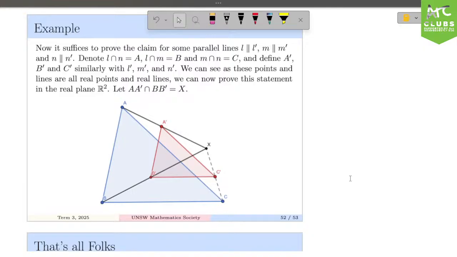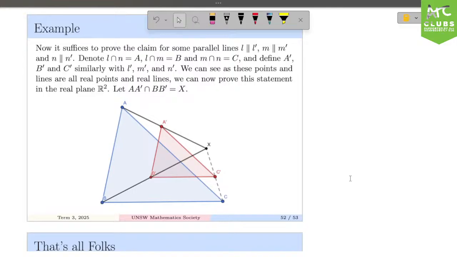Otherwise, there is some stretch map delta, let's just denote it delta for short, such that we have delta of A equals A prime, delta of B equals B prime, delta of C equals C prime.